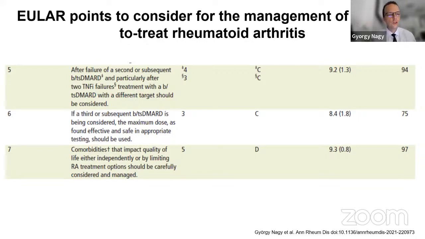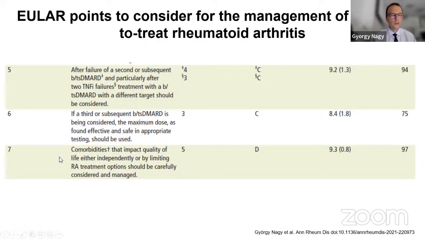In the original version of this recommendation, the drugs were included, but in the updated version, we decided not to include any particular drug names, but in the text which is joined to this recommendation, you can read that this is regarding baricitinib and tocilizumab.